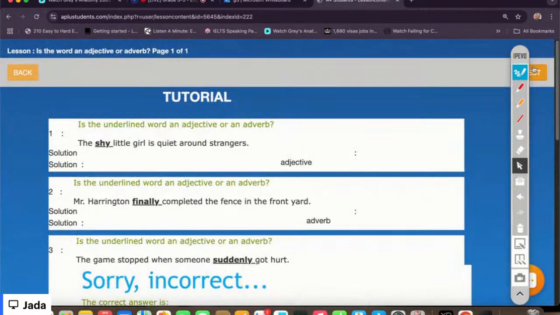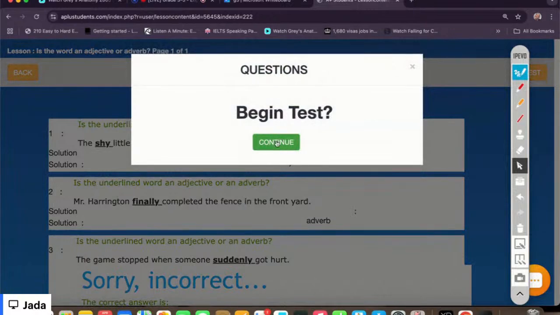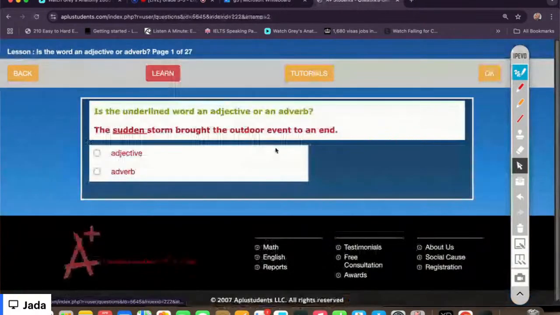So move on to the test. You can share your answers with me. The sudden storm brought the outdoor events to an end. Adjective or adverb?